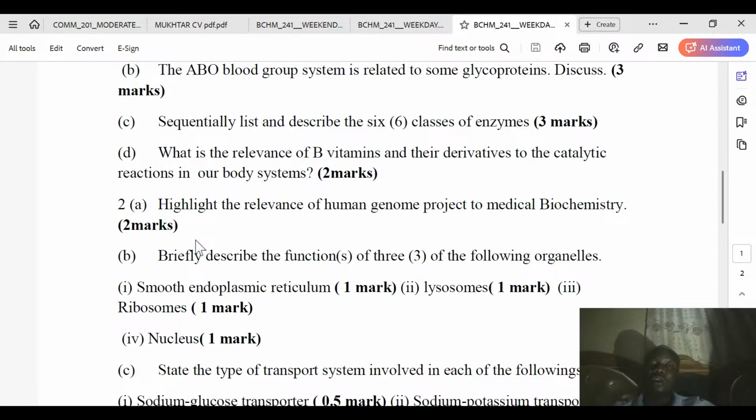So B vitamins are very essential and important in catalyzing most of the biological reactions in the body. And under these vitamins, the ones mostly used by the enzymes are niacin, flavin, and riboflavin.